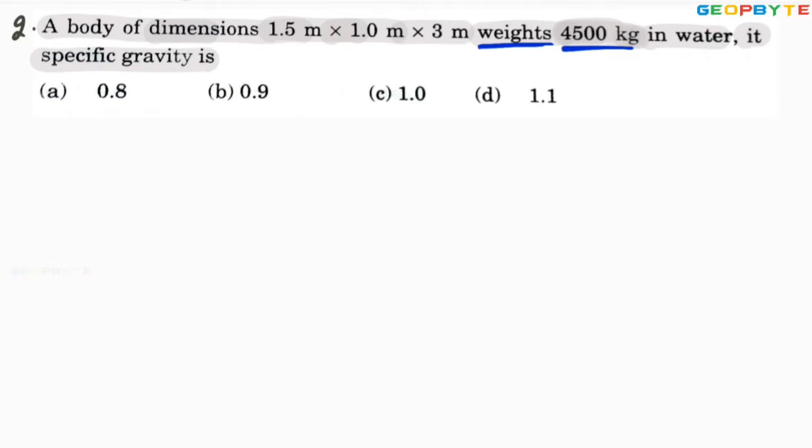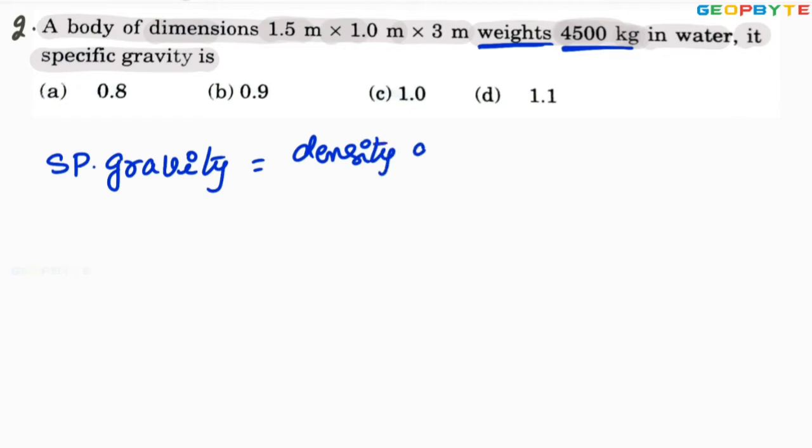Now first let us decide the density of the liquid. You know, the specific gravity equals density of the liquid by density of water.